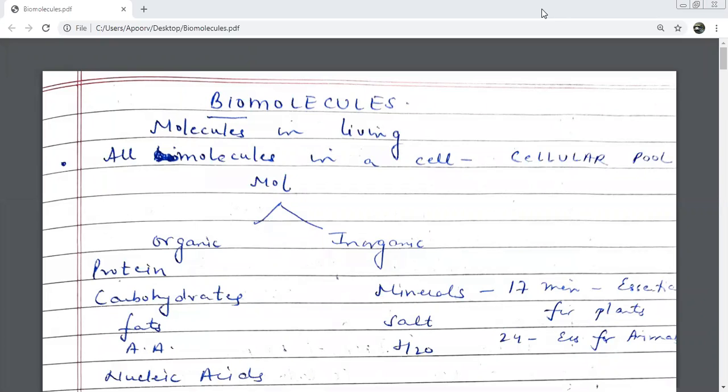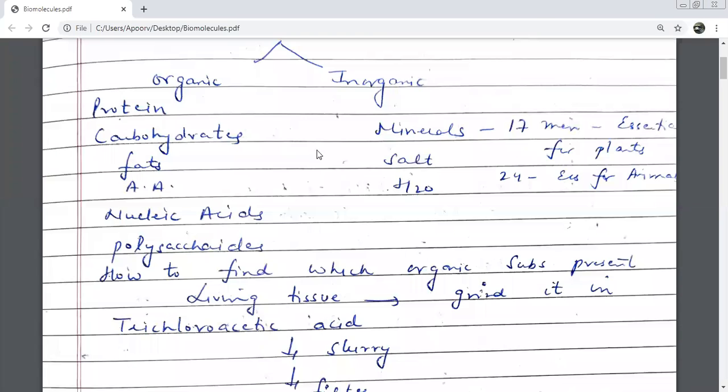So all molecules in a cell together are known as the cellular pool. Molecules are of two types, organic molecules and inorganic molecules. When we say organic molecules, we mean proteins, carbohydrates, fats, amino acids, nucleic acids, and polysaccharides.